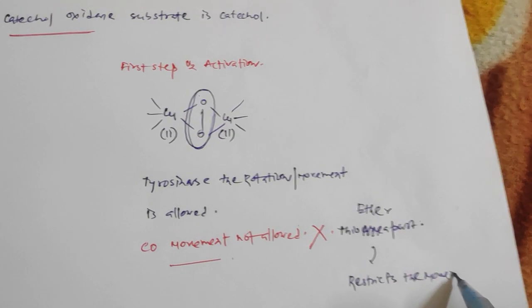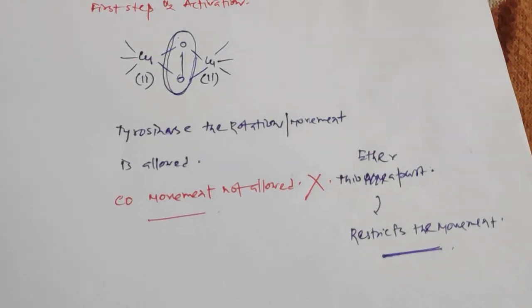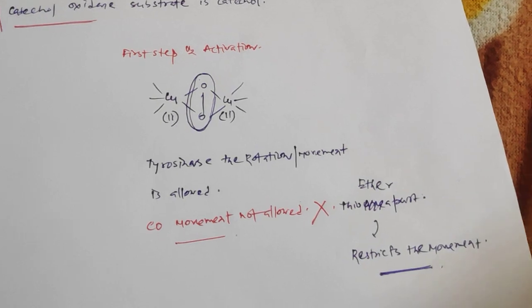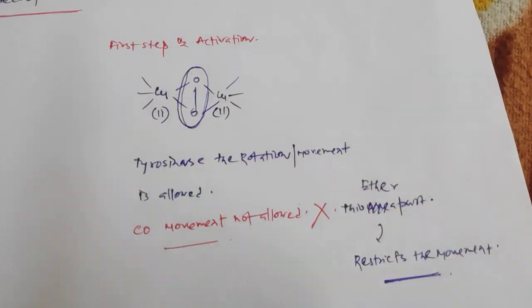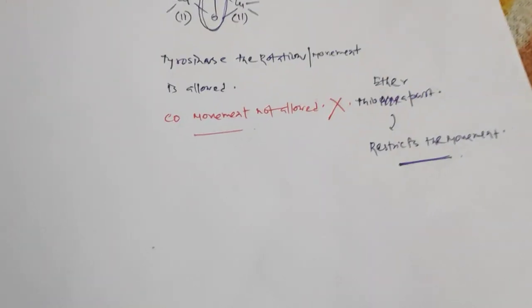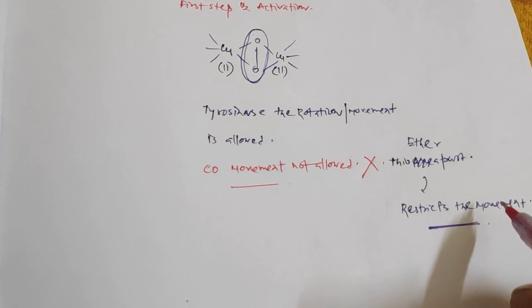As the movement is restricted, phenol is no longer a substrate for catechol oxidase, and it has to get the catechol in order to do the enzymatic activity. So this is the reason: the presence of the thioether part.